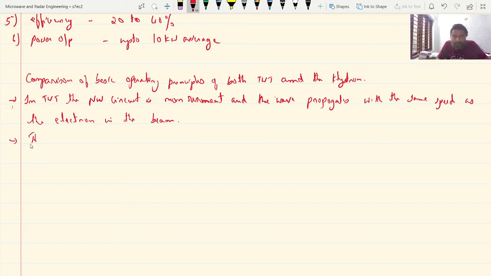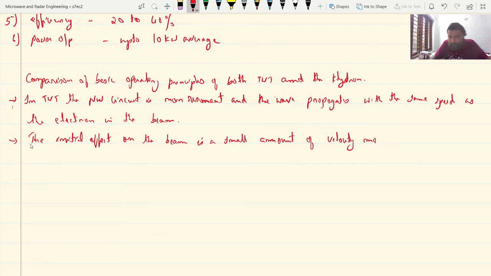Next point, what I have to write: the initial effect on the beam is a small amount of velocity modulation that is caused by the weak electric field associated with the traveling wave.